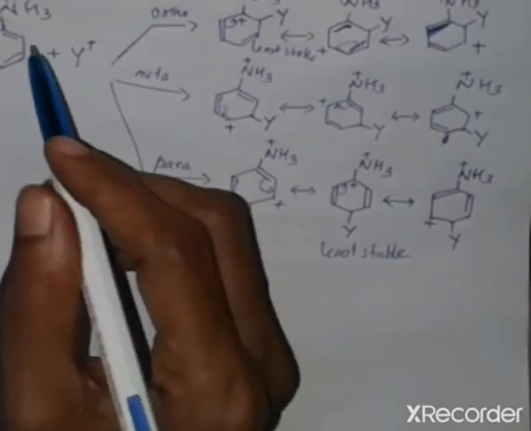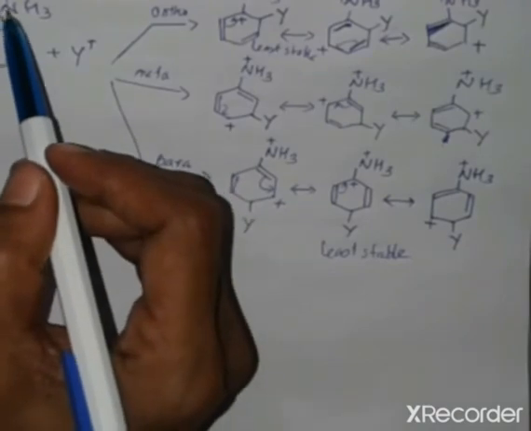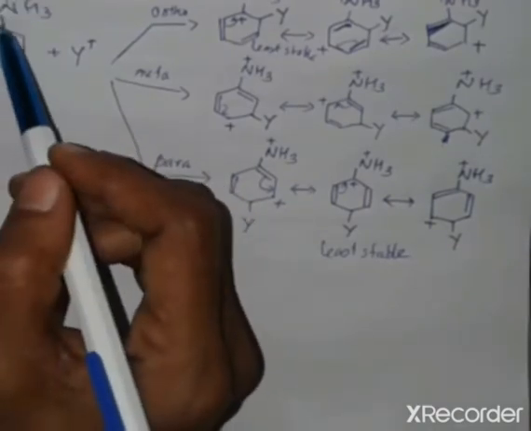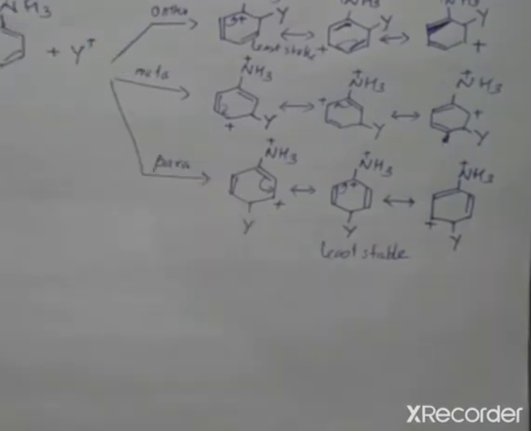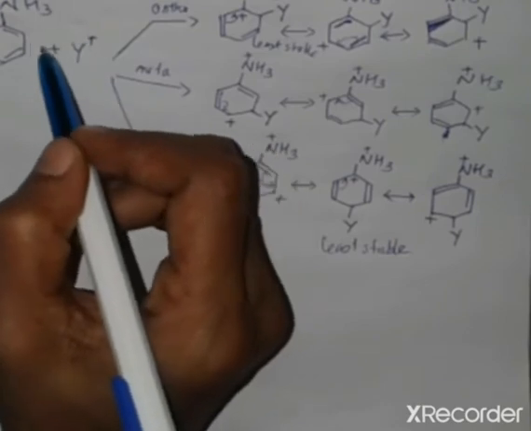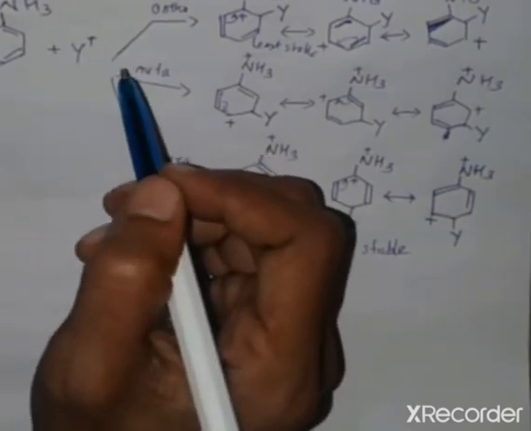Then consider this reaction in which NH3+ is an electron withdrawing group. In this compound, the incoming electrophile Y is attacked. We have three possibilities.